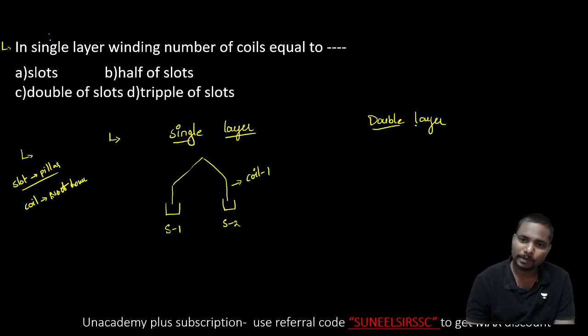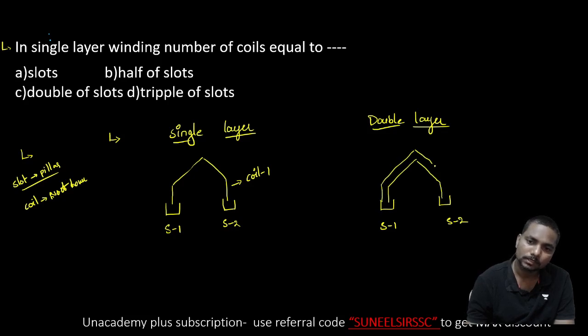Now coming to the double layer winding, let us take the same two pillars, that is slot 1, slot 2. Here double layer means two layers, two houses or two coils. It is two supporters only. We have two houses or two coils. So here coil 1, coil 2.